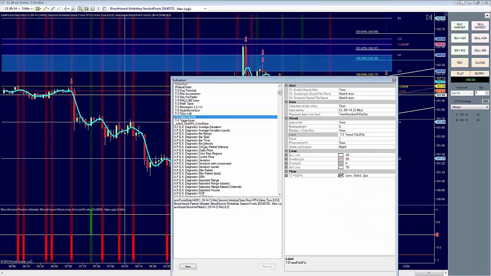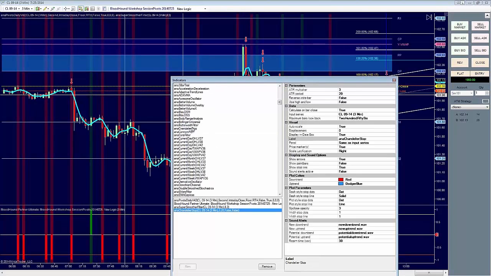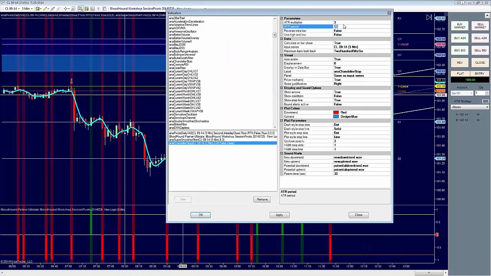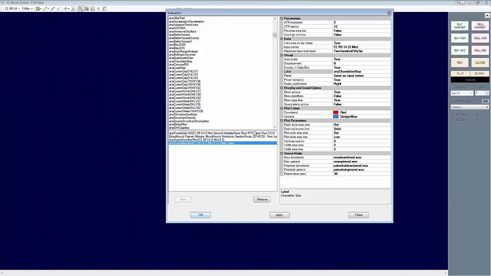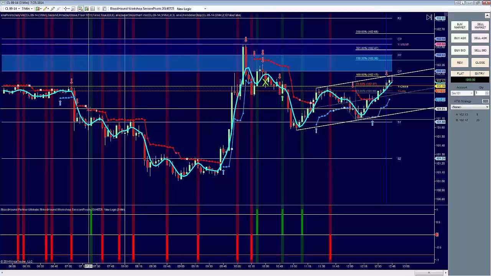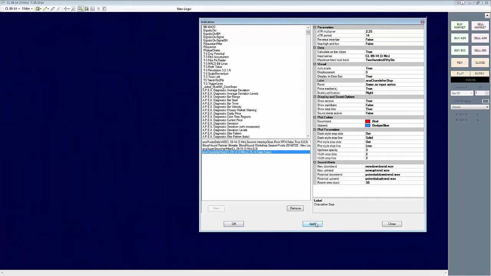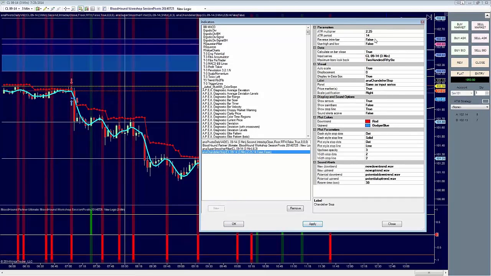Let's add the chandelier stop, and this is another one that you can get for free from the website. Chandelier stop, let's say 12 and 2. Yeah, so we only want to take, well, no, let's make it a little bit bigger than that. Not quite.